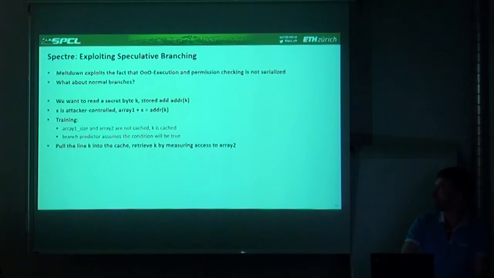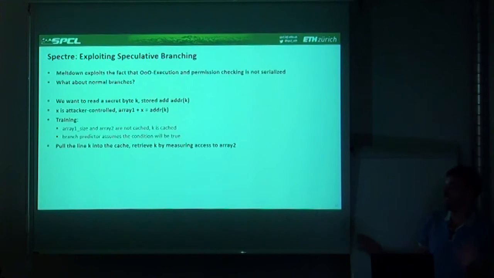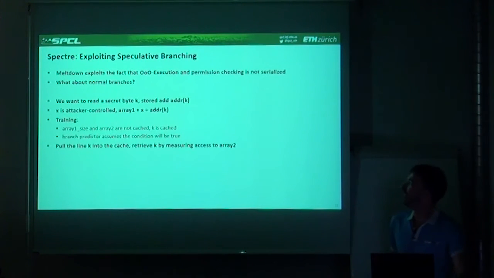Spectre doesn't rely on this address mapping of the kernel address space, but it basically says, okay, if you have any kind of user code and you have some secret stored in this user code, and your user code is written correctly so that this secret could never leak to the attacker that is just using this program, Spectre is saying, oh, well, you don't fully understand your CPU, and everything can leak now.